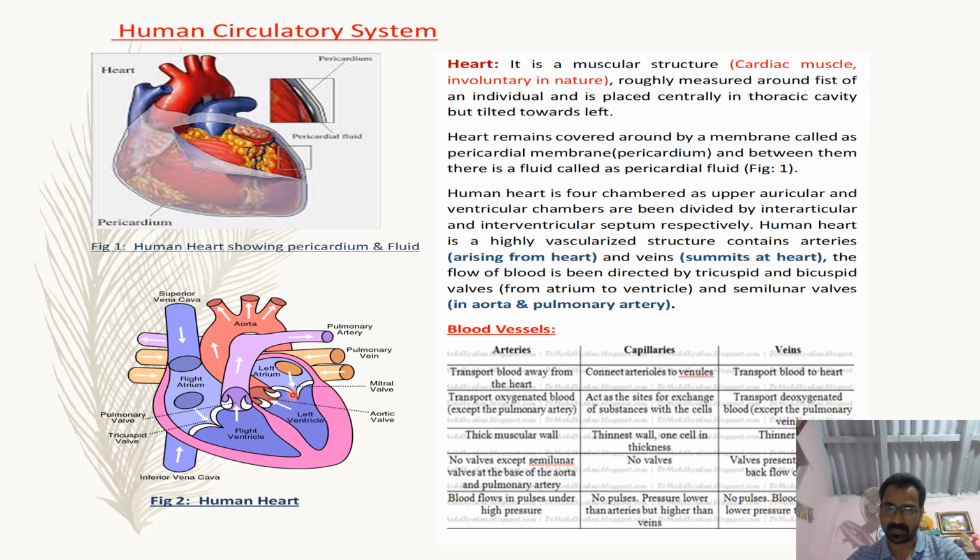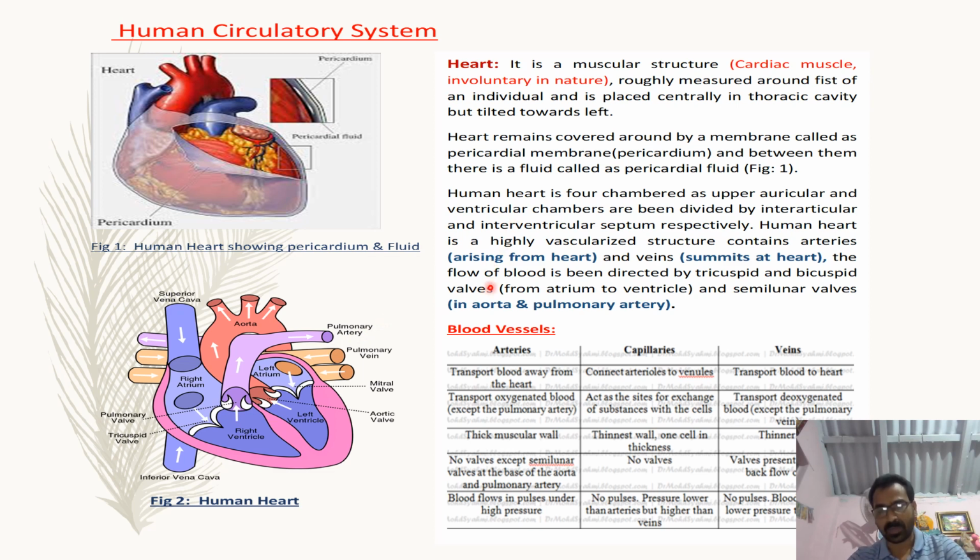Here we can see the bicuspid valve, here is the tricuspid valve. This area is the semilunar valve. Semilunar valves are found in the aorta and pulmonary artery. These valves help the blood flow in one direction. They prevent backflow. So this is the structure of our heart.